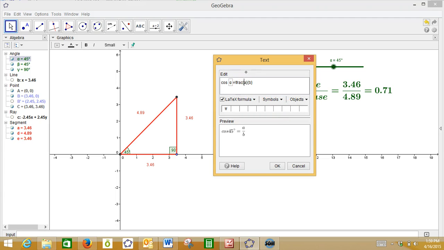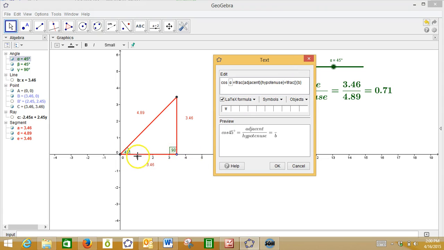A now is going to be the adjacent. B is the hypotenuse. So now in my preview window, we have adjacent over hypotenuse, and I could spell right this time. It's going to equal, let's put those values in for our adjacent and our hypotenuse. So I'm going to grab that fraction function again.